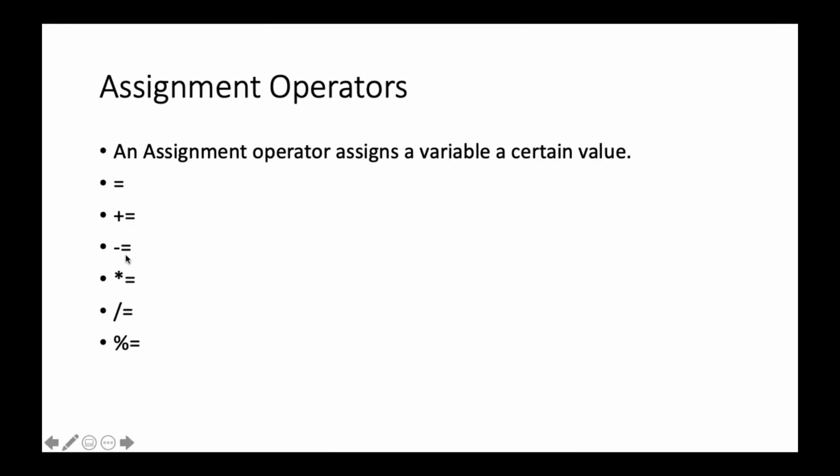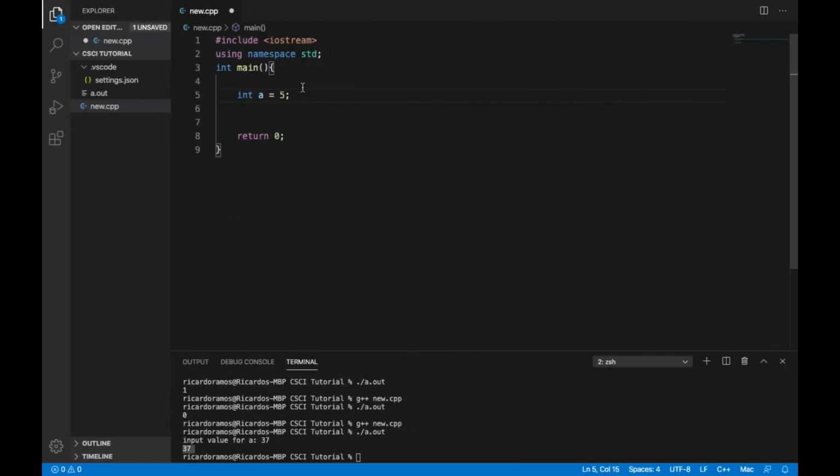The other ones under the equal sign, with the plus equals, minus equals, multiplication, division, and this is modulus, we'll get into that later. These basically are just assigning new values.